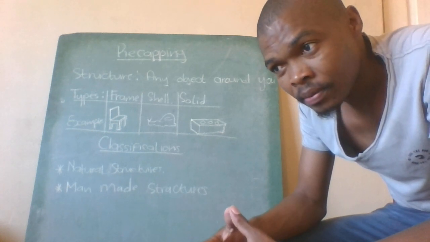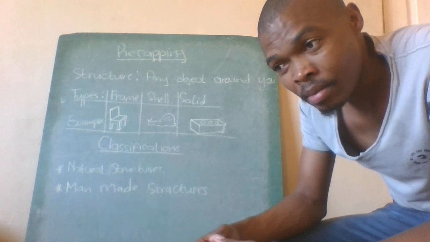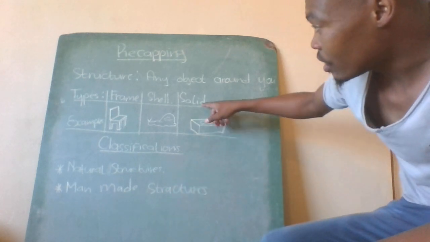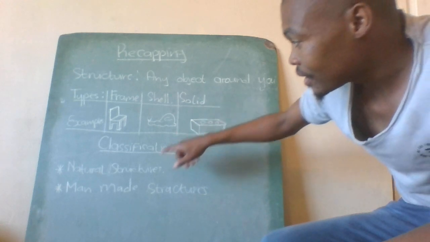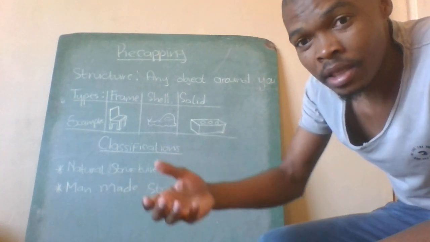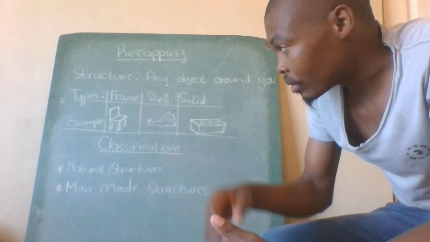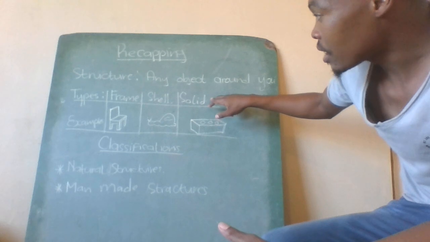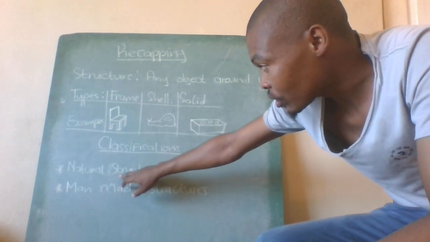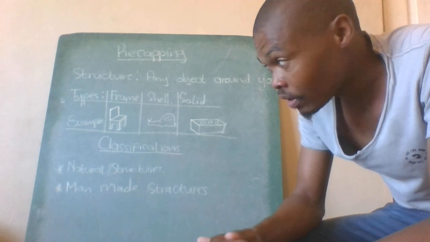For an example, a mountain. A mountain is a good example of a solid structure which is classified as a natural structure, because no one will say I came on earth and I created a mountain. So it's a solid structure that is classified as what? As a natural structure. Are we together so far?